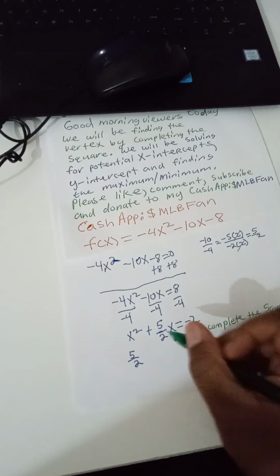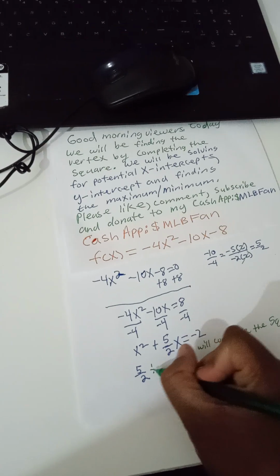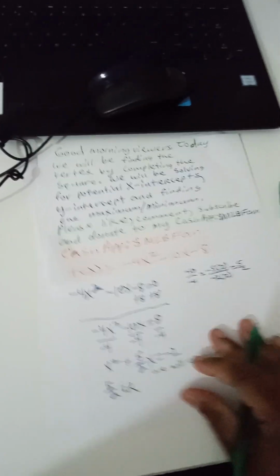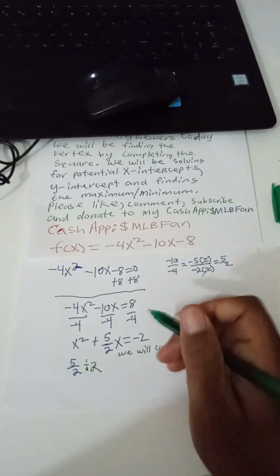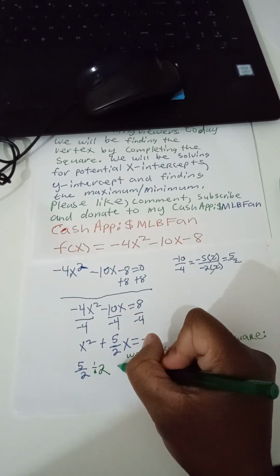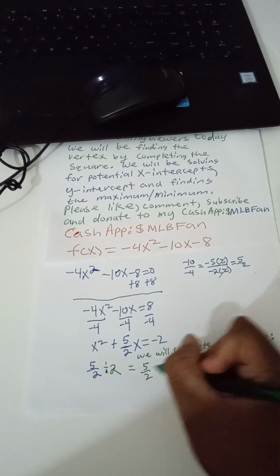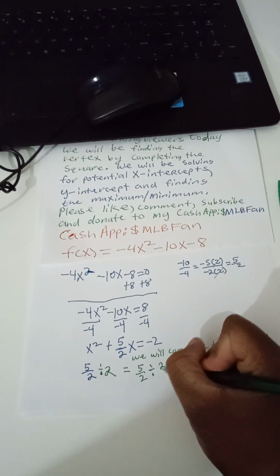So 5 halves divided by 2, which will equal 5 halves divided by 2 over 1.